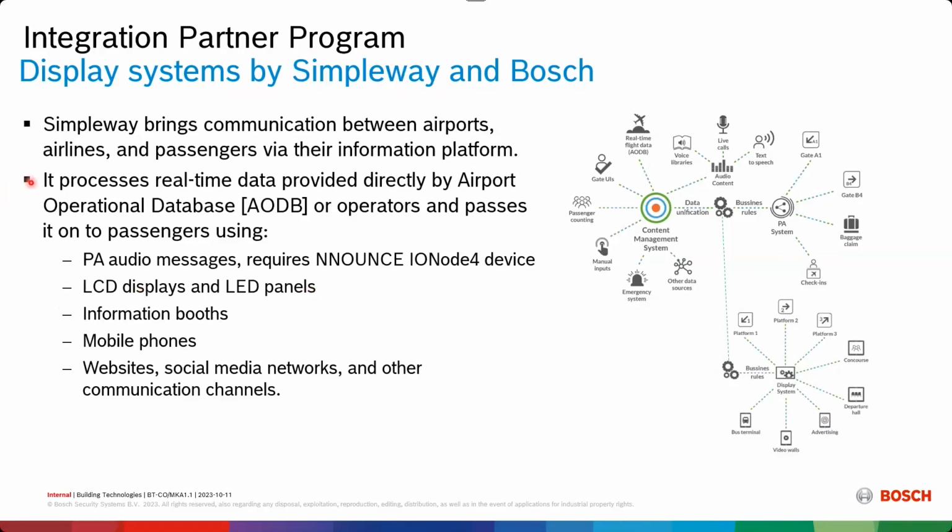We are connected to the display systems of Simple Way, for instance, at an airport or a metro station or railway station. You always have a content management system where all information will travel to, so which train is starting from which platform.